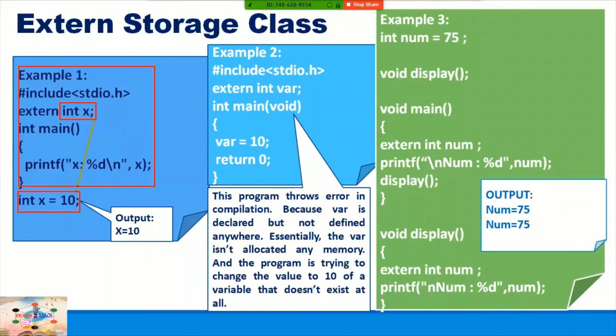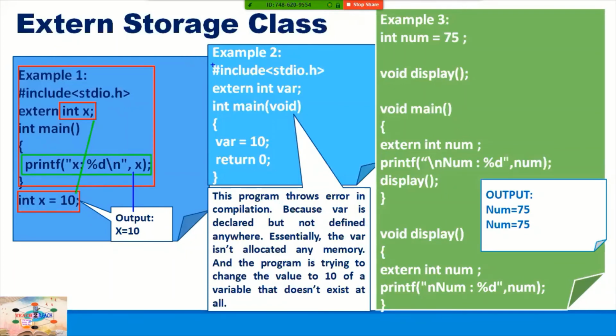If we display that particular value with the help of a printf statement, it will display the output 10. So whatever variable is declared with extern needs to be defined somewhere else, that is, after main, like this. That is the first program's output.